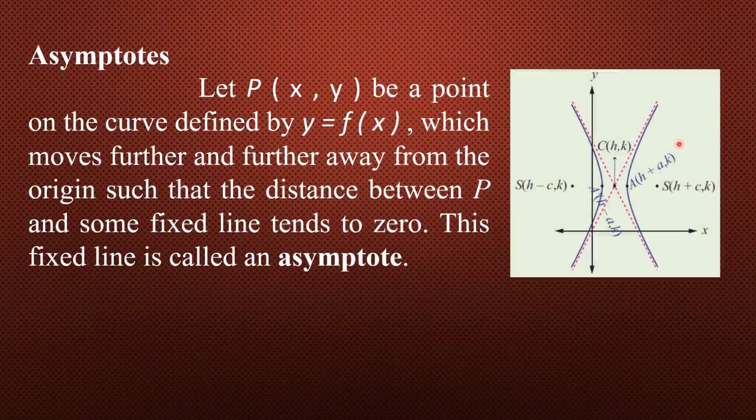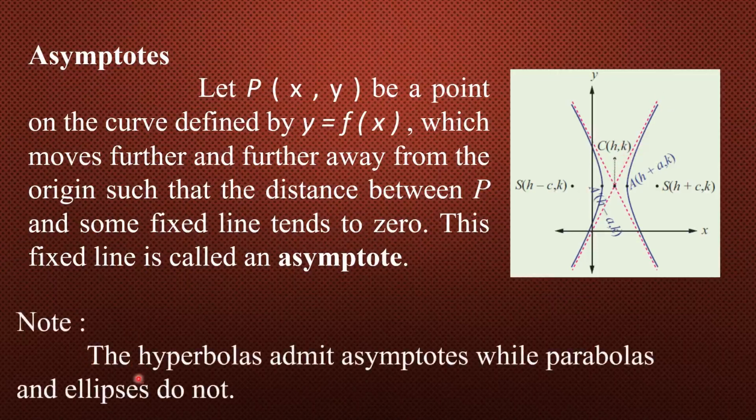Here we see that pink color line. Consider any point P on this curve; the distance between that line and that point tends to 0. It is infinitely extended but never touches at any point. Then that line is called an asymptote.